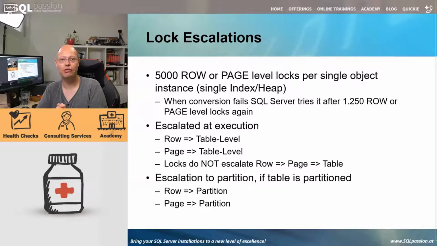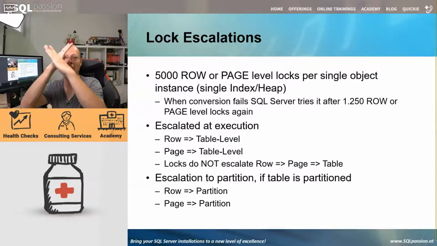Imagine you have a transaction and that transaction changes or deletes more than 5,000 rows in a table. I mean, 5,000, it's nothing these days. What are 5,000 rows? As soon as you're changing or deleting 5,000 rows from a table, SQL Server escalates those individual exclusive locks to one exclusive lock on the table level.